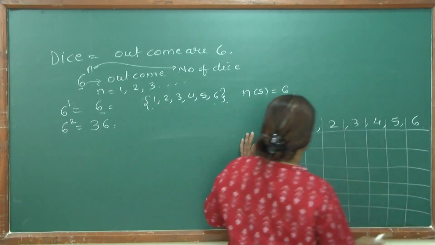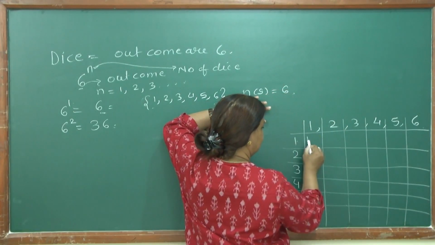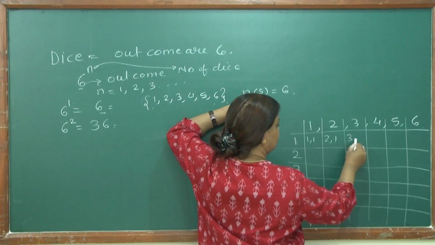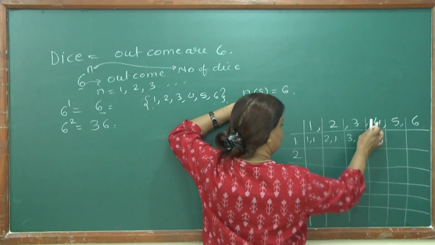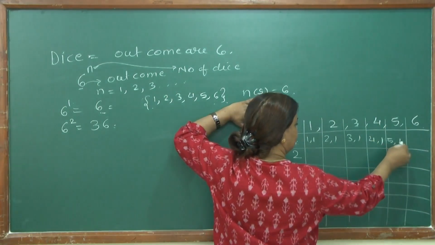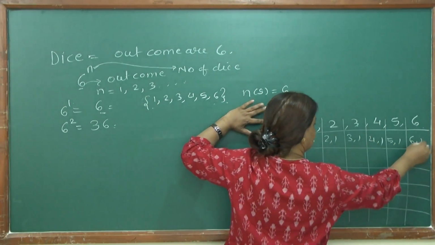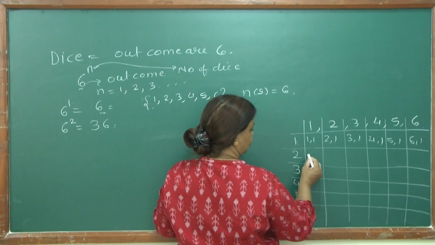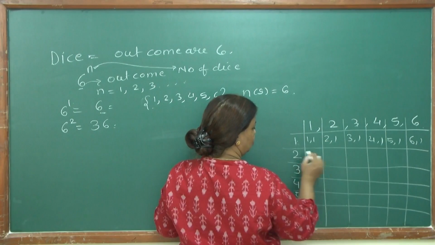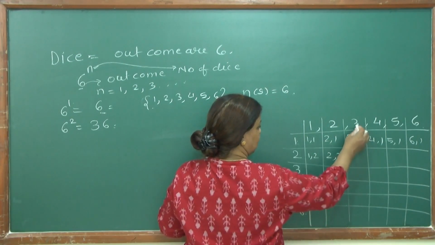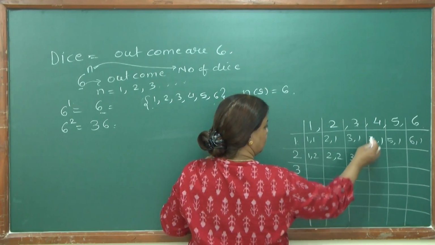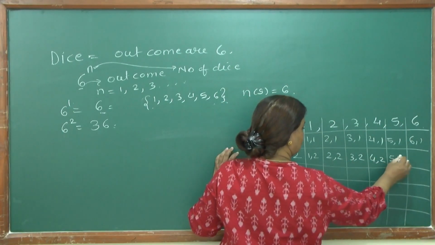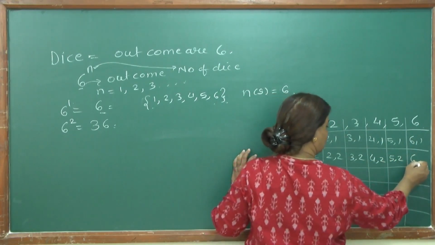Easily write. See, 1, 1, 2, 1, 3, 1, 4, 1, 5, 1, 6, 1. Then comes 1, 2, then 2, 1, 2, 2, 3, 2, then 4, 2, then 5, 2, then 6, 2.